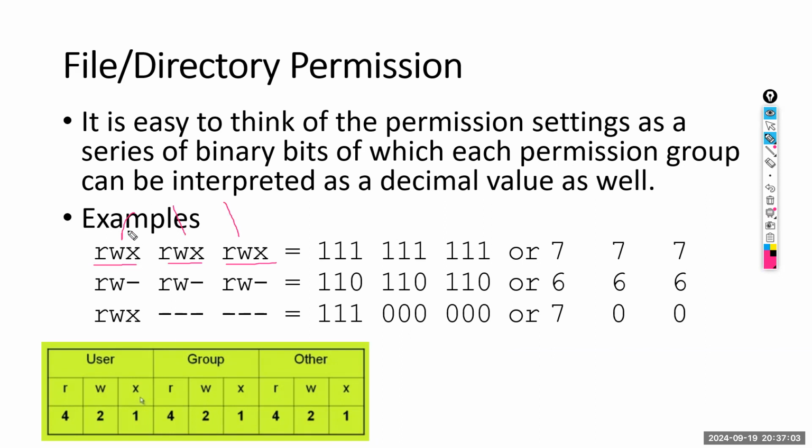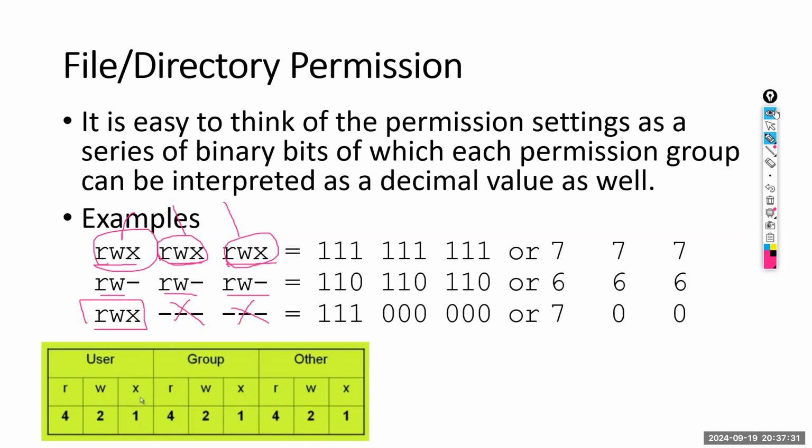This means for users, read, write, execute power is there. Group members, read, write, execute power is there. Others means you are not the user and also you don't belong to the group. So read, write, execute means full privilege available to all. But this means only read, write available for all three. This means only the user can read, write, execute. Group members can't do anything. Others can't do anything.